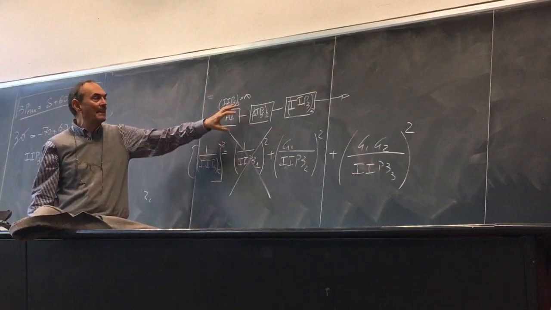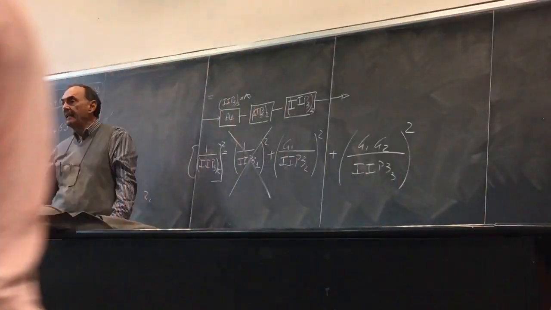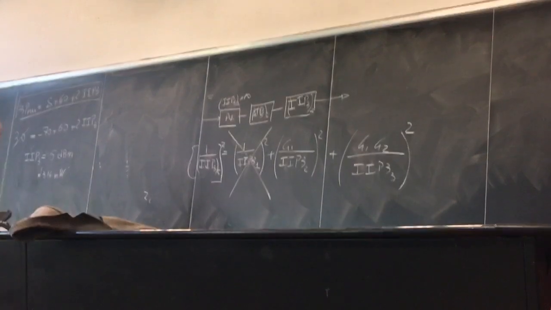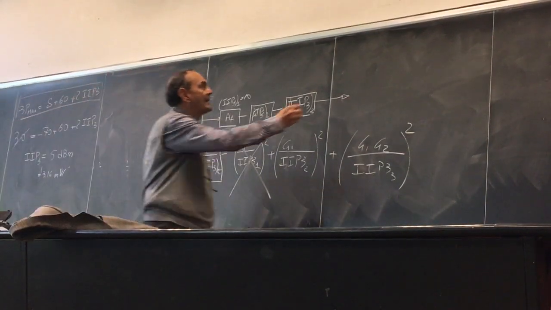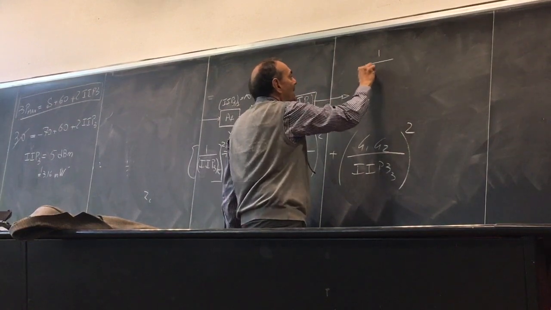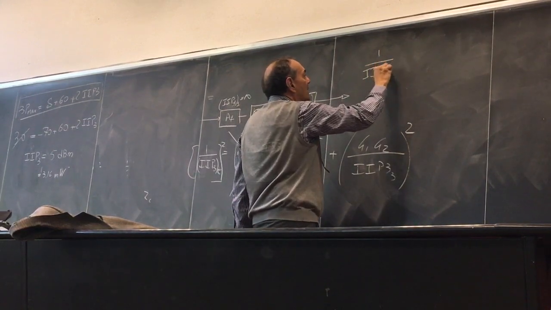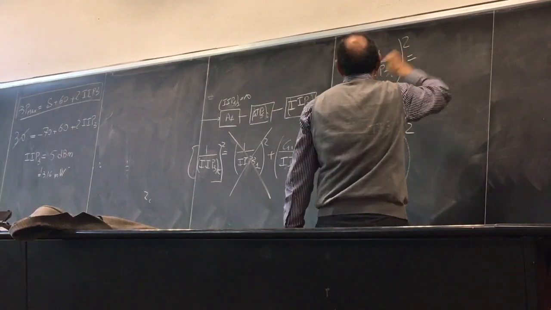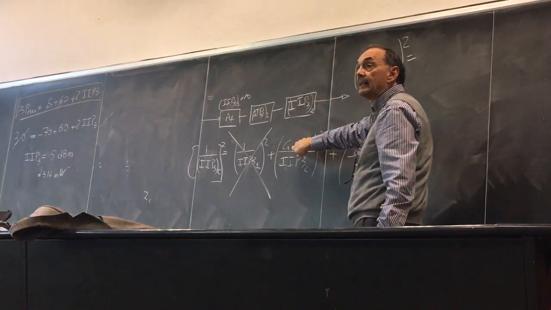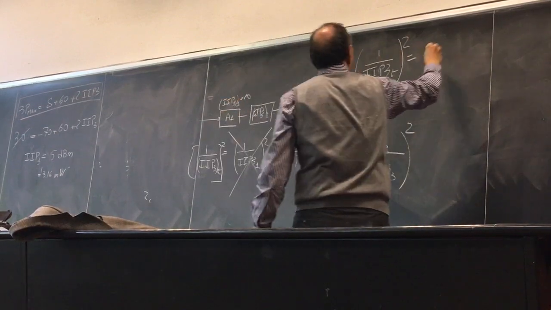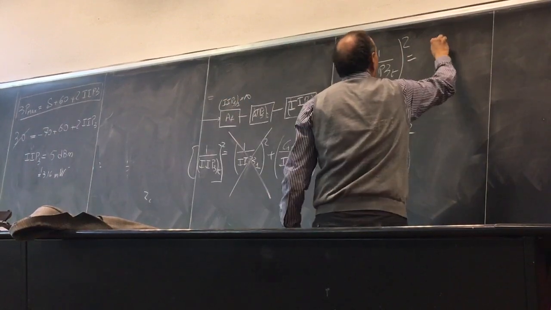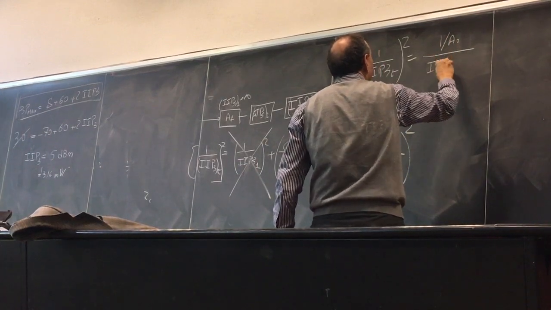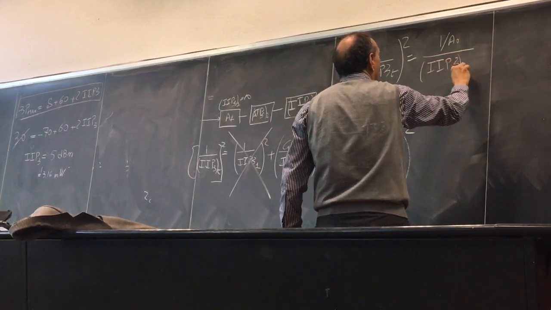So if you replace the parameters of each block, taking into account that the gain is the inverse of the attenuation, we have that 1 divided by IIP3 total squared is equal to G1, which is 1 divided by A_F, A0, 1 divided by A0 divided by IIP3 of the low noise amplifier.